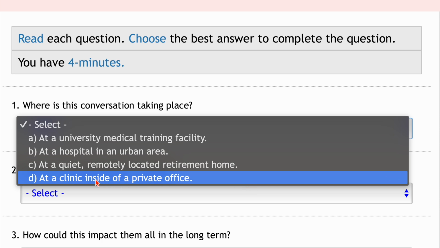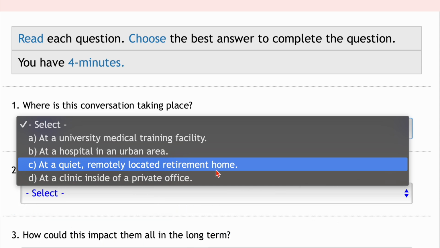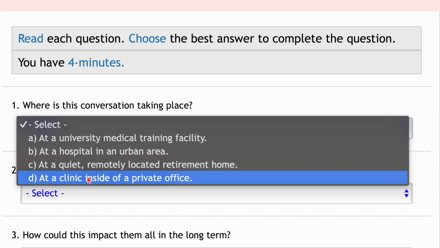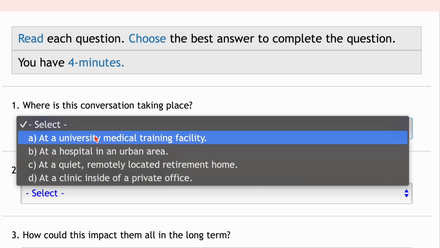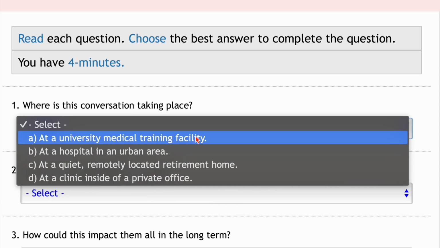So I know that it's not a retirement home. There's an administrative assistant, there's a head nurse. Doctor sounds to me like some kind of hospital or clinic. I'm not sure about clinic or hospital. So also not university medical training facility, not a medical training. Didn't sound like training there.